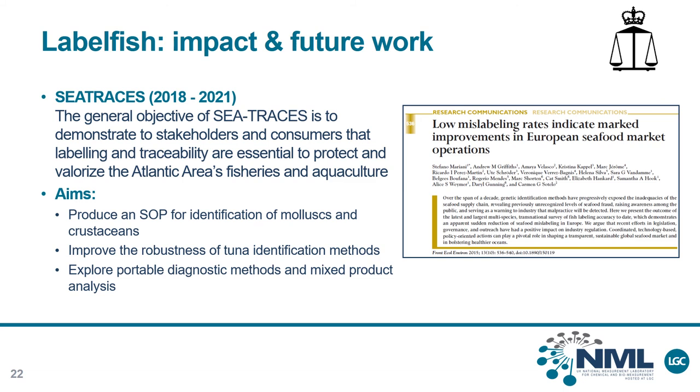Longer term, the Labelfish work has been continued in the Sea Traces project, which aims to build upon the foundations developed by Labelfish. Some key aims are to produce an SOP for the identification of mollusks and crustaceans, to improve the robustness of tuna identification methods which remain an issue, and to explore portable diagnostic methods and mixed product analysis. The Sea Traces project will run until 2021.